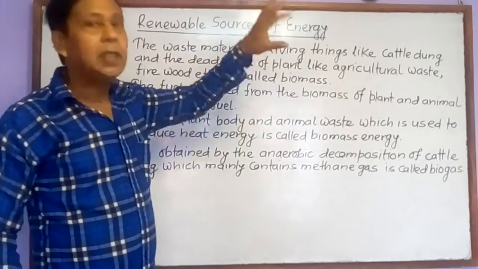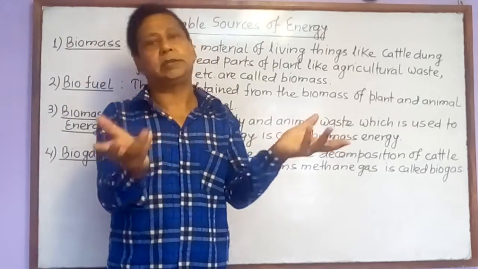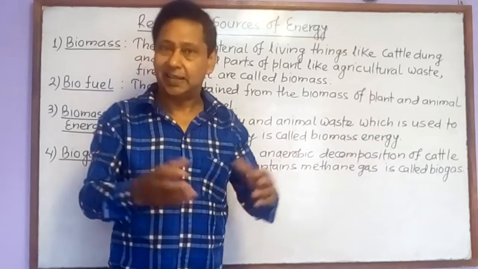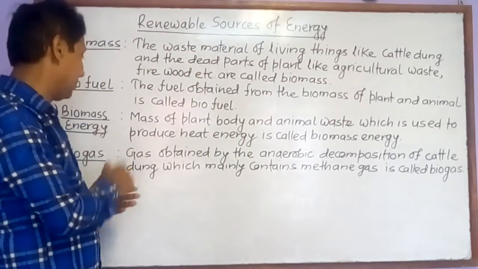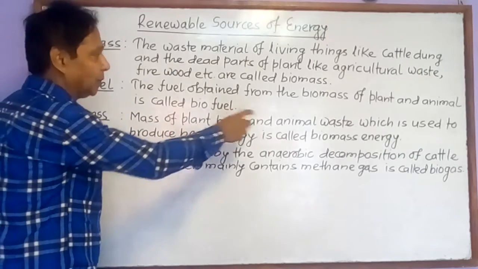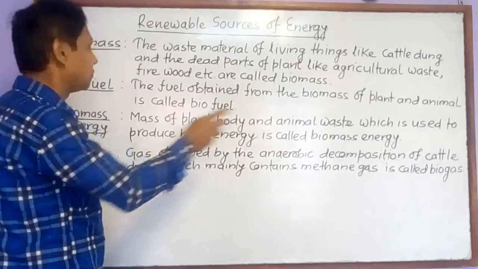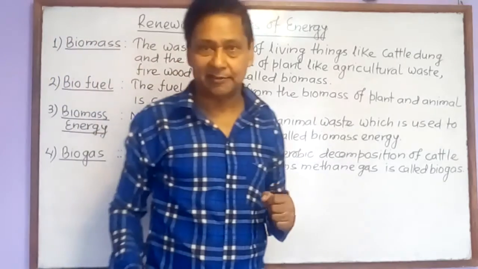Okay. Now, the third term. They are very similar to each other, maybe a little confusing to you. Look at this third term, biomass energy. Mass of plant body and animal waste which is used to produce heat energy is called biomass energy.